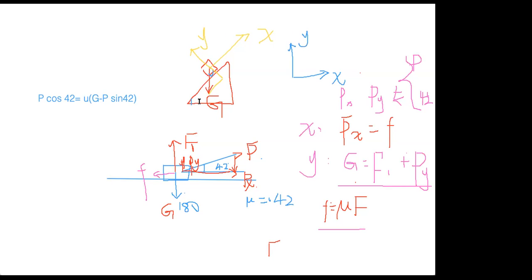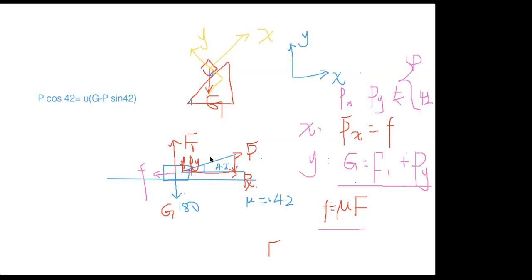Okay, then we can say determine the value of theta for which F is the minimum magnitude. We have to understand what minimum means here.